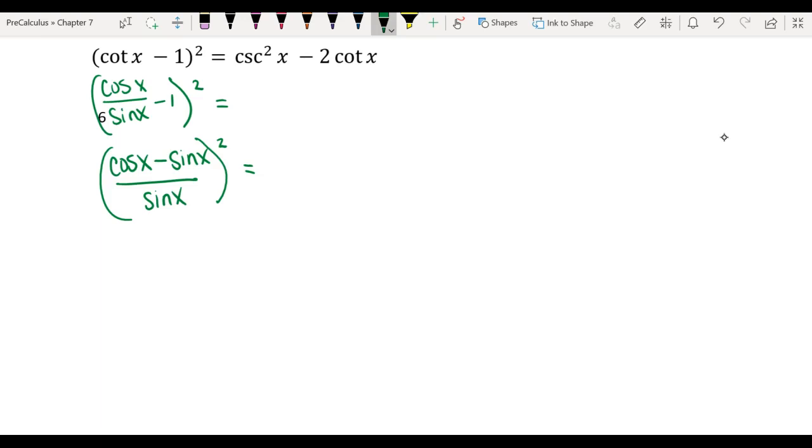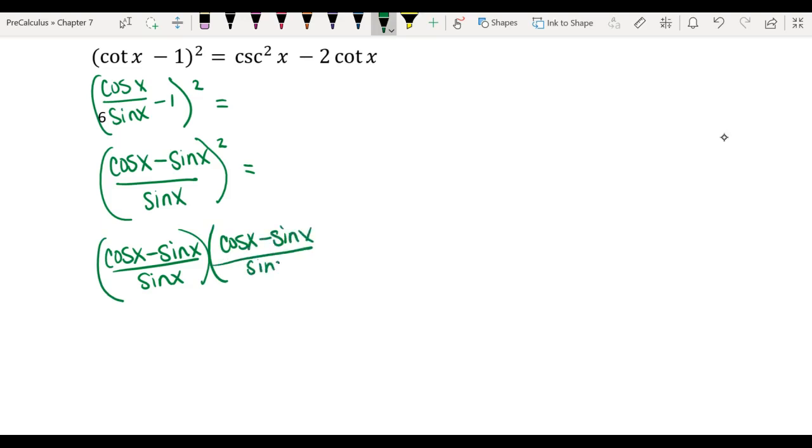We can't change the right-hand side. You're close. We have to write it twice and then distribute. So we have cosine of x minus sine of x over sine of x times cosine of x minus sine of x over sine of x.